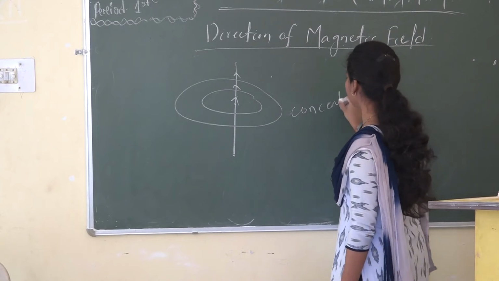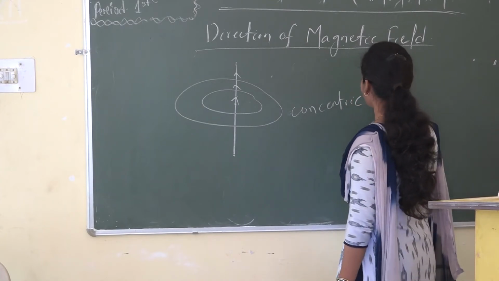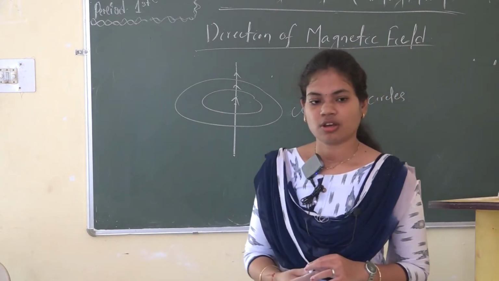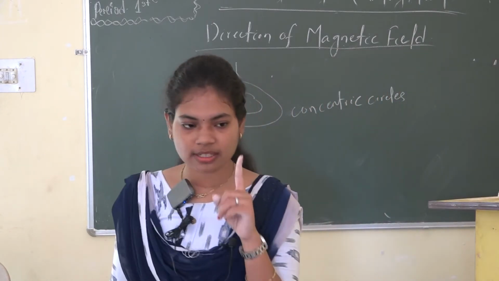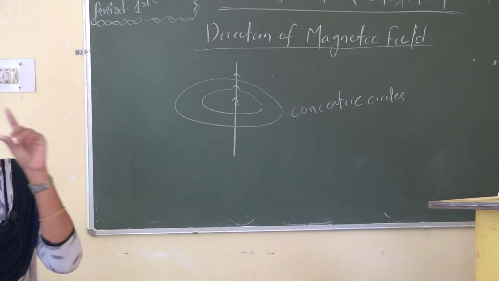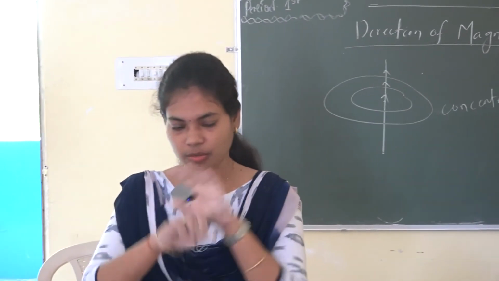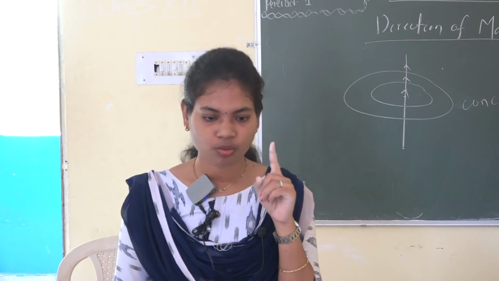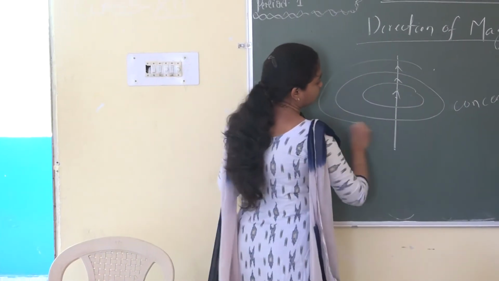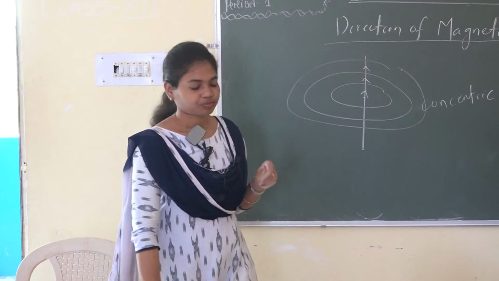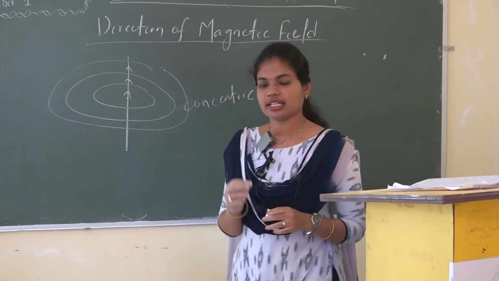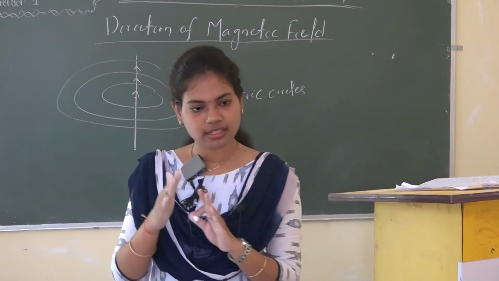What do you mean by concentric circles? Concentric means one center, but many circles around one center. Those circles are known as concentric circles.